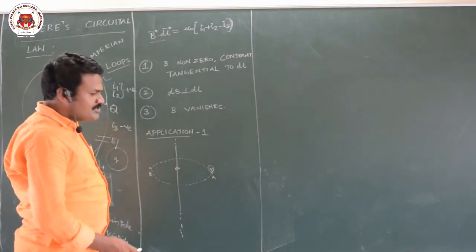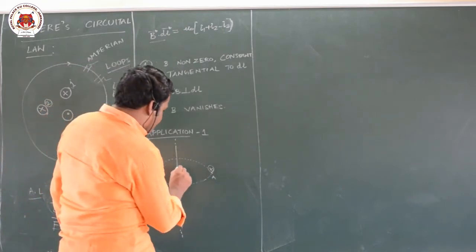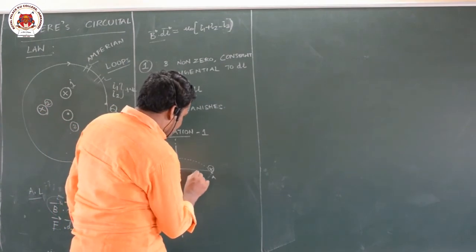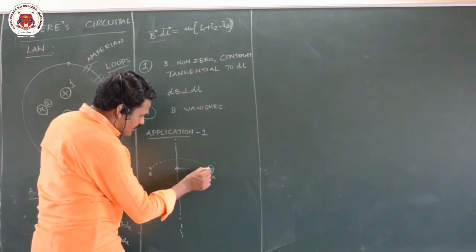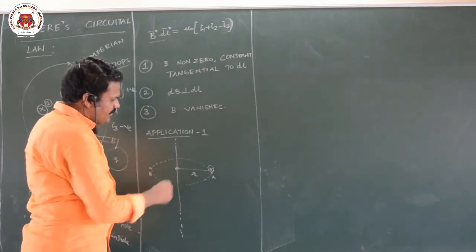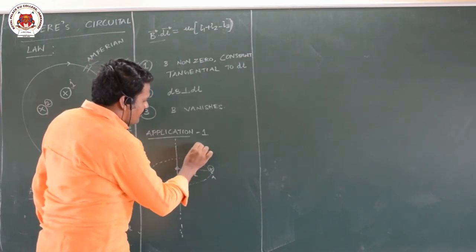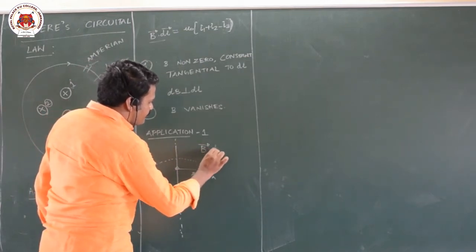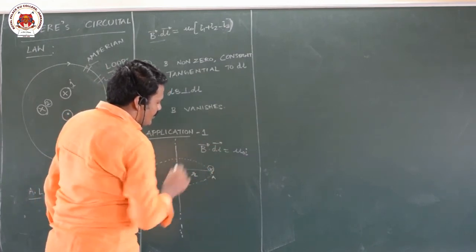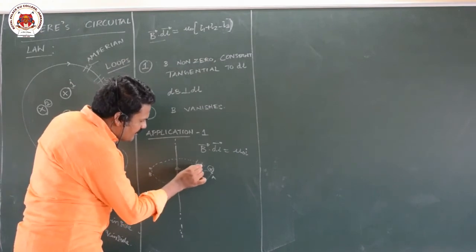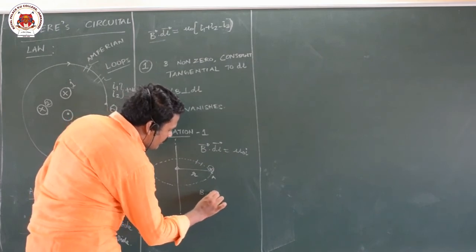So, according to Ampere's law, what you have to do? You have to draw a line integral. Take this distance as r and draw the line integral like this. According to Ampere's law, the line integral of B bar dot dl is equal to mu naught I. Take some small part, integrate this for the whole circle, and you will get B times 2 pi r.